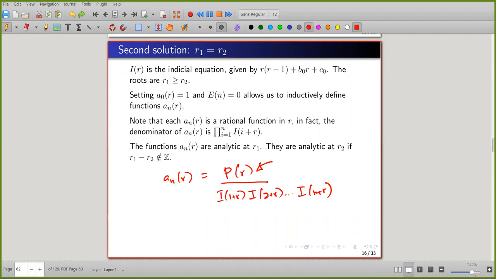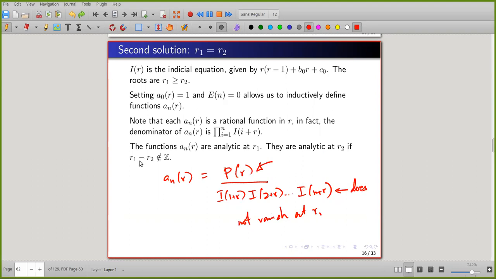And when we took a ratio of functions, if the denominator did not vanish, then the ratio is also analytic, right? So at r1, the denominator does not vanish, and therefore this A_n(r) is analytic at r1.